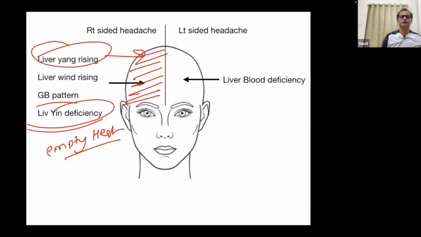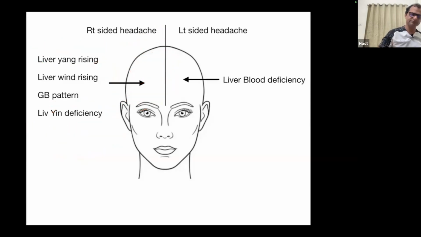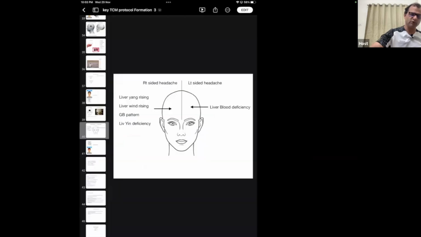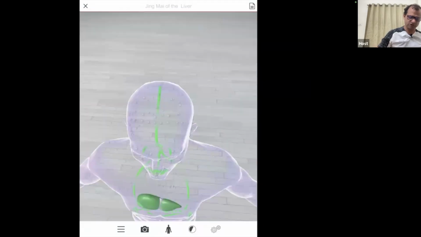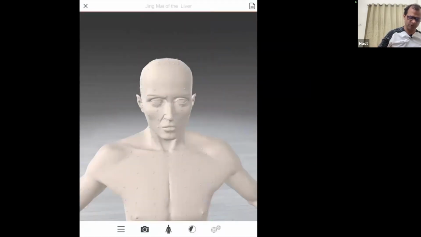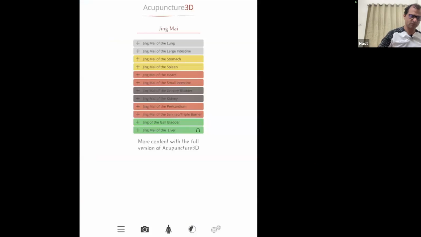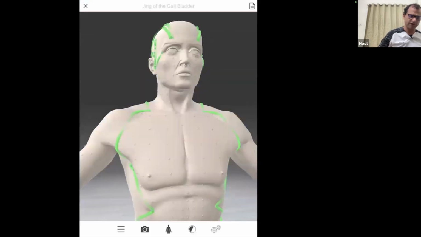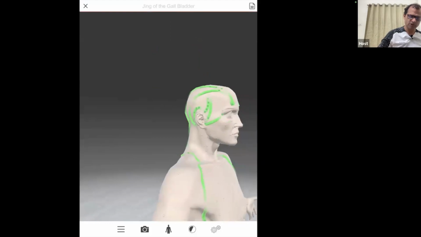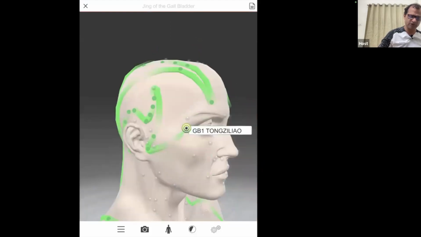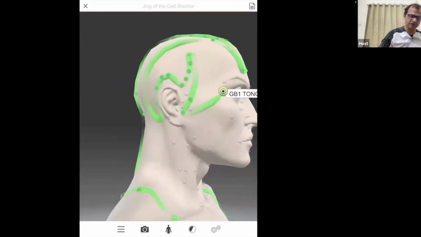Okay. तो चाहे लिवर यांग बढ़े या लिवर यिन डेफिशिएंसी हो जाए, इसका दर्द आपको राइट साइड में होगा. We have to use multiple points of the gallbladder meridian because we will use local points of the gallbladder meridian. We can see here, this is the gallbladder meridian, right? It starts from the corner of the eyes. Then there is gallbladder 2, gallbladder 3.